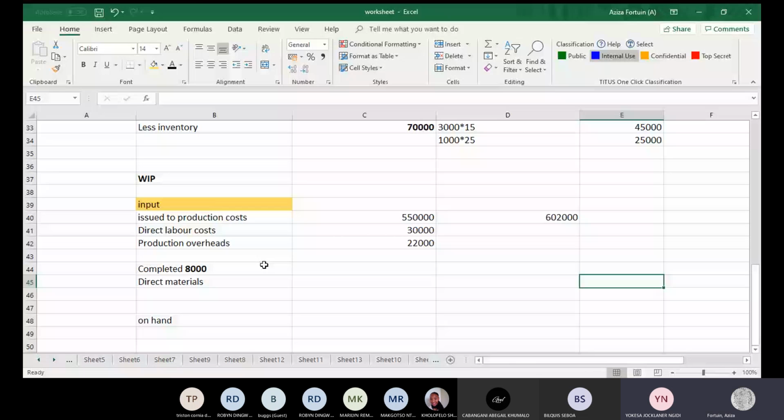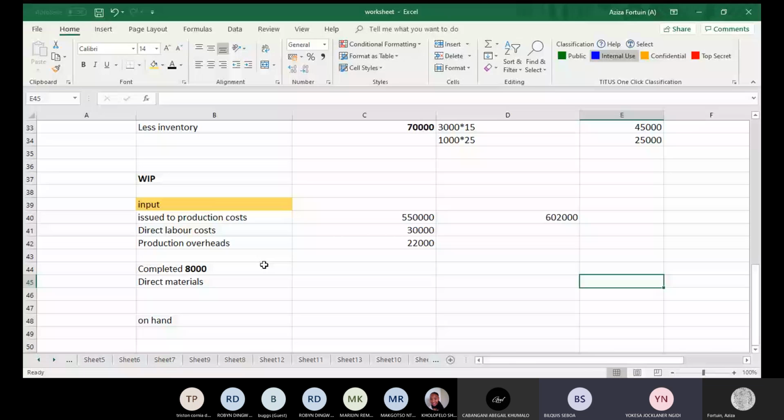At the beginning of April, the number of wall clocks put into production was 10,000 units. Do you times or do you plus? That's per unit, so you divide.